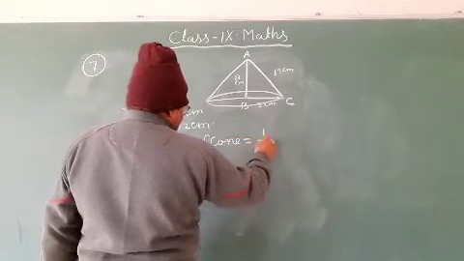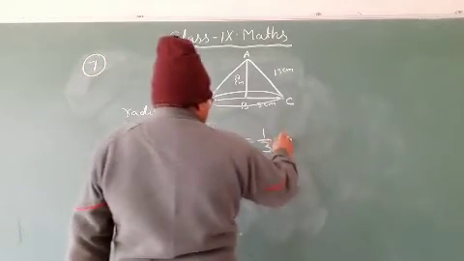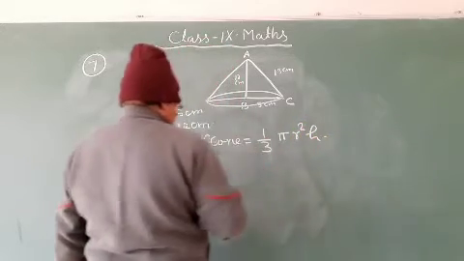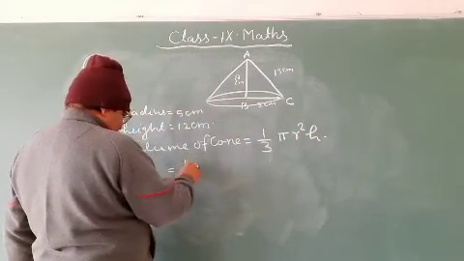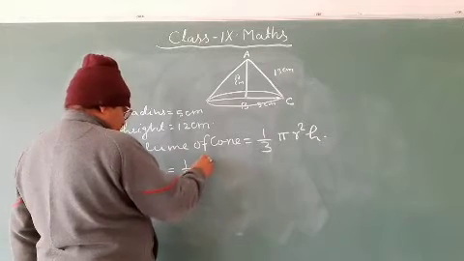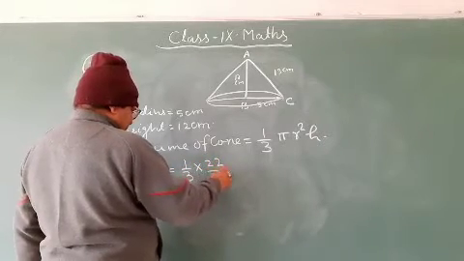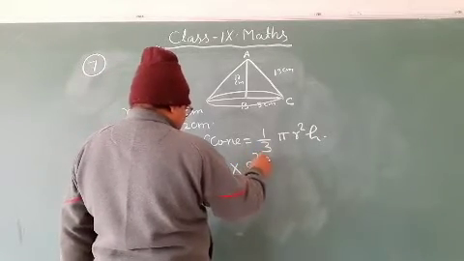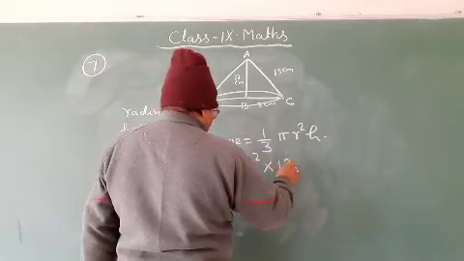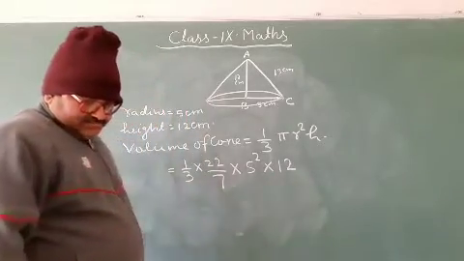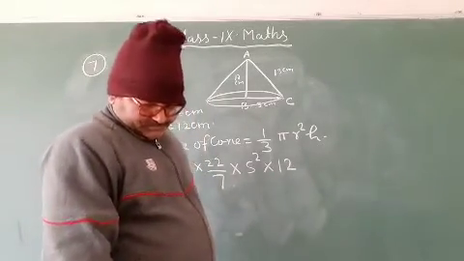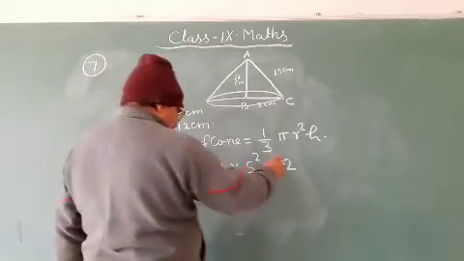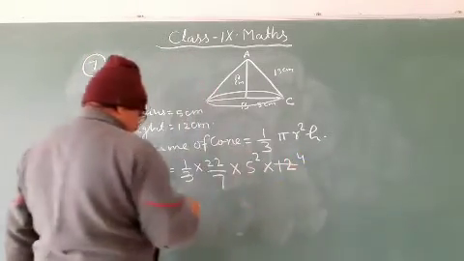equal to 1 by 3 pi r square h, that is 1 by 3, 22 by 7, 5 square into 12. 3 4s are 12.